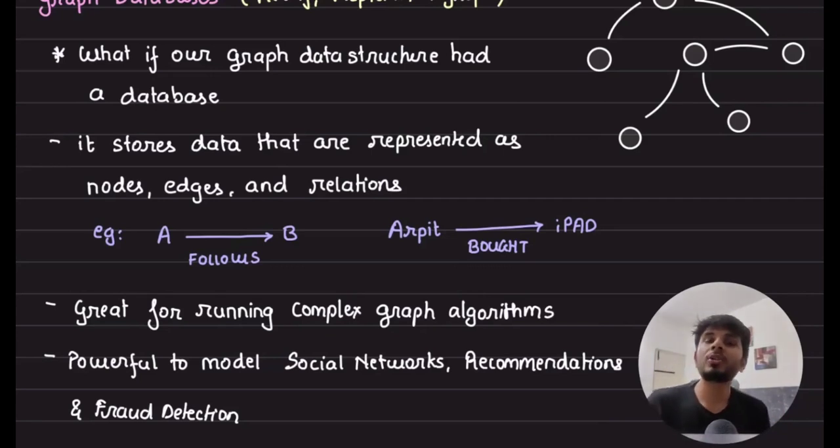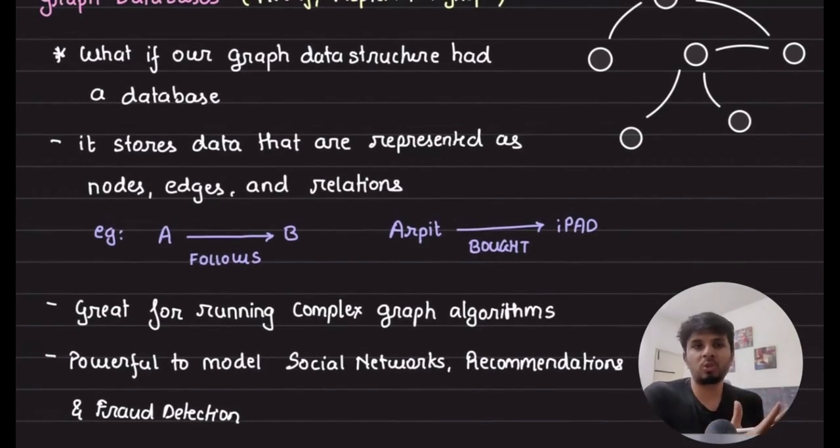So when you need sophisticated graph algorithms and you can model your data in a graph-like way, that's where you go for graph database. Always, always, always remember this, right? And you can use it to power social networks, A follows B, recommendation engine, fraud detection. We will take a look at them in explicit system designs that we cover at the end of this. But yeah, these are fascinating databases.